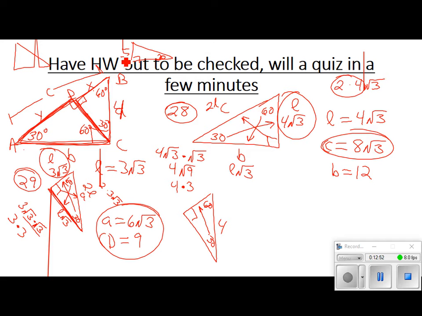So on this one, side across from the 30-degree angle is L, side across from the 60-degree angle is L radical 3, side across from the right angle is what? 2L. What equation can we set up this time? 2L equals 4. How do we solve that? Divide by 2.